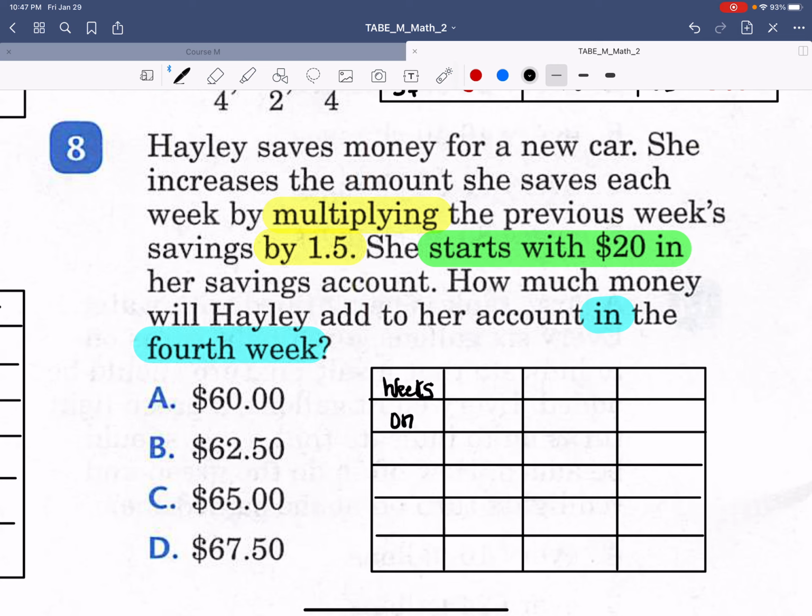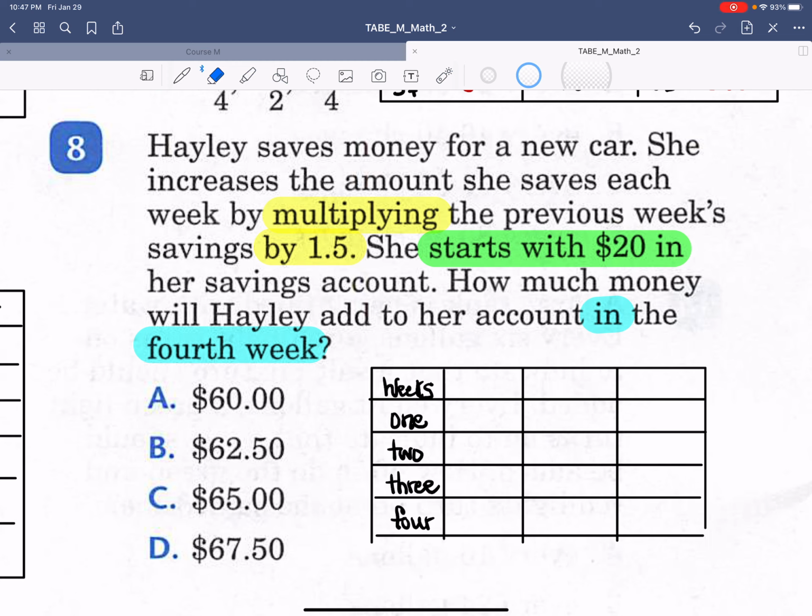So there's week 1, week 2, week 3. I've got one too many again. Week 4. That's as far as we need to go. So I'll just knock that off. And then we have input. We have the rule. And we have output.